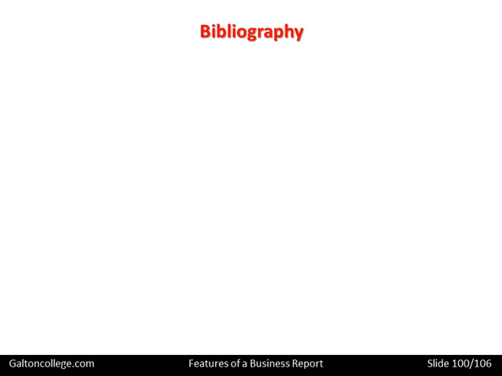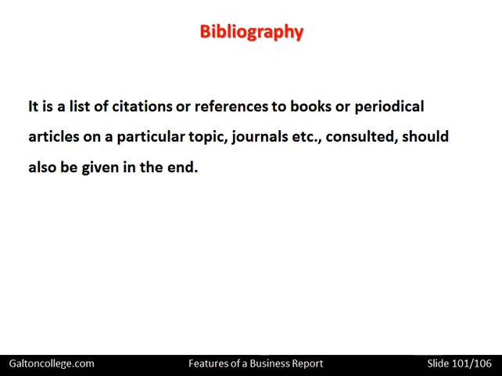Now the bibliography. Well, it's a list of citations or references to books or periodicals on a particular topic, for example journals or books or magazines or whatever. So the bibliography is a list of sources that are used.